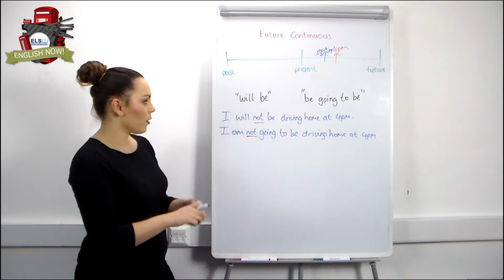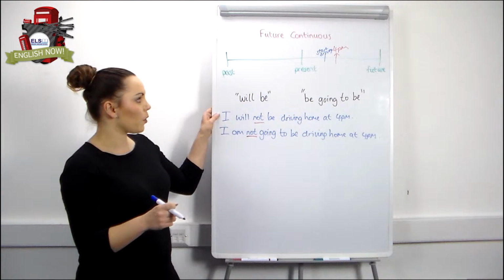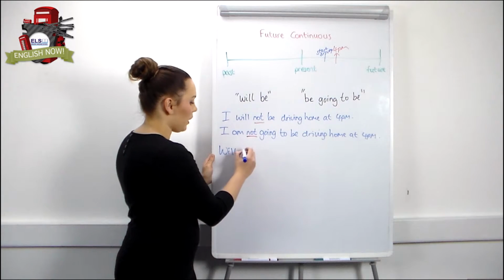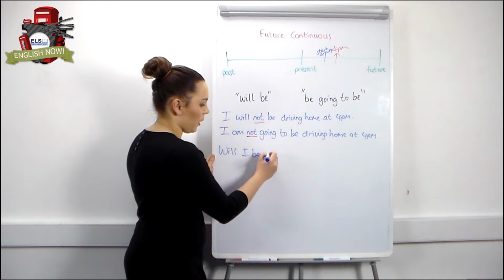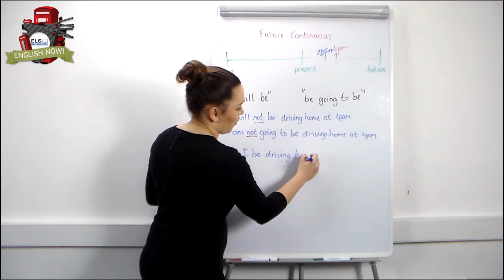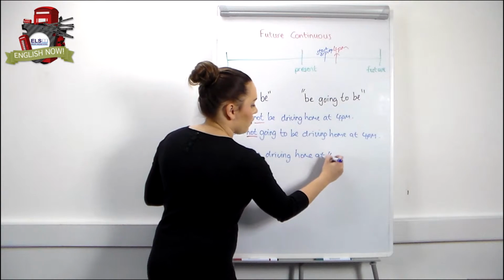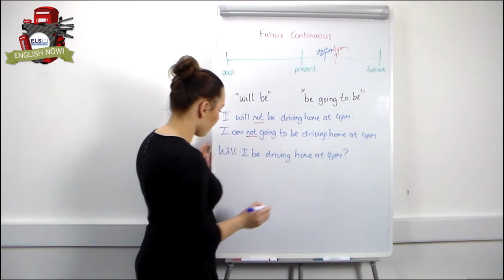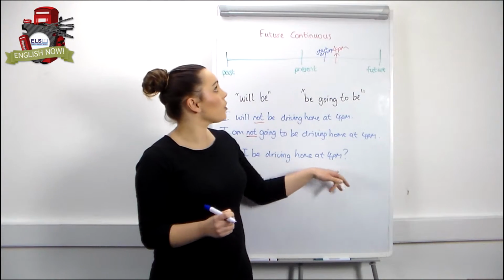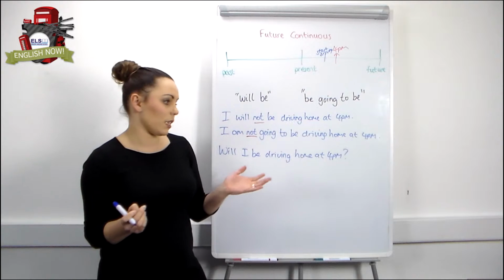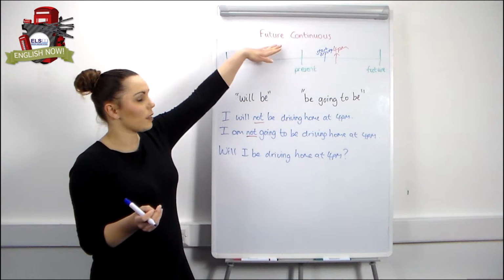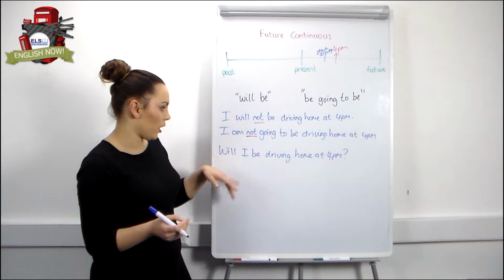For a question in this form with will be, we will start, will I be driving home at 4 p.m.? The same format as we have done in the other continuous tenses. We've started with the word that relates to the time. So in this one, it's the future.